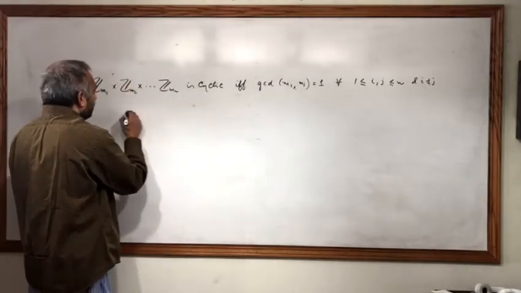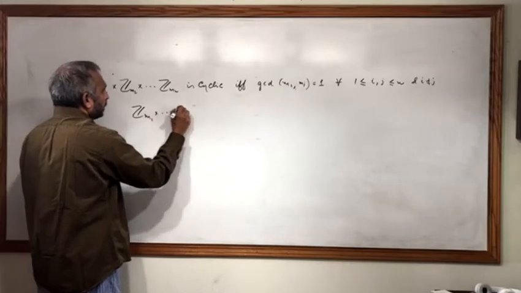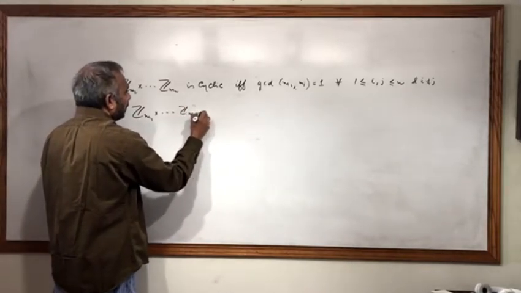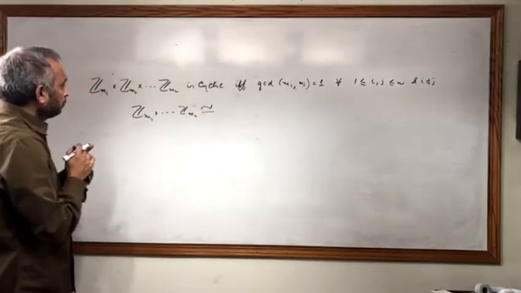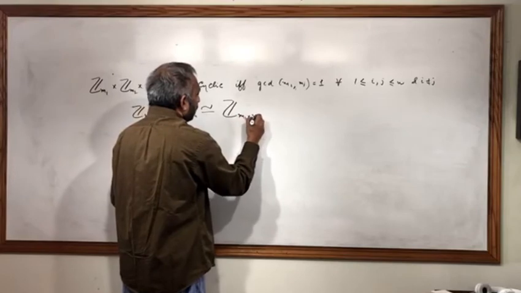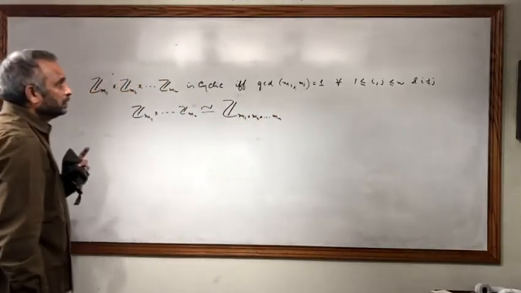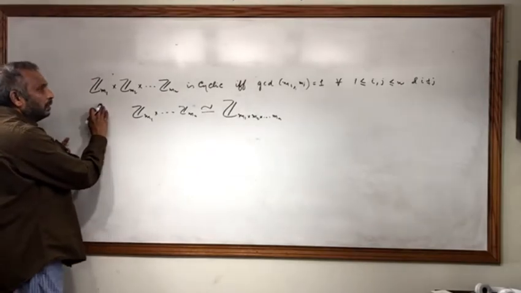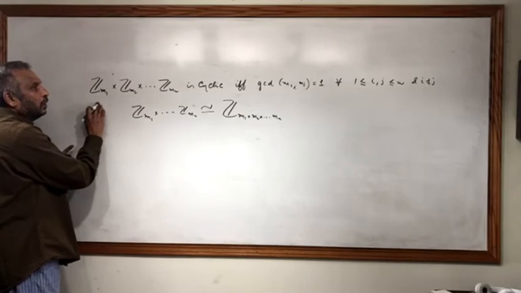And in that case Zm1 cross dash cross Zmn is isomorphic to Z of m1 m2 dash mn. This is just a generalization of the earlier result. We are going to use this result to prove another simple result.